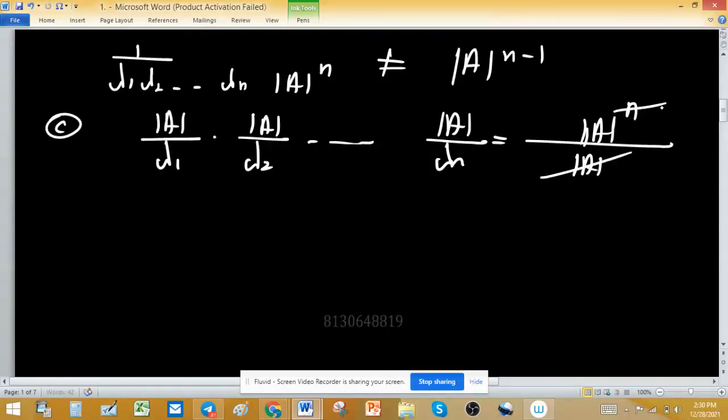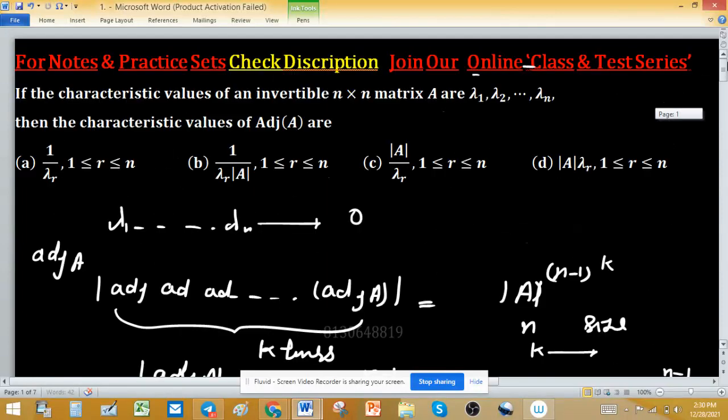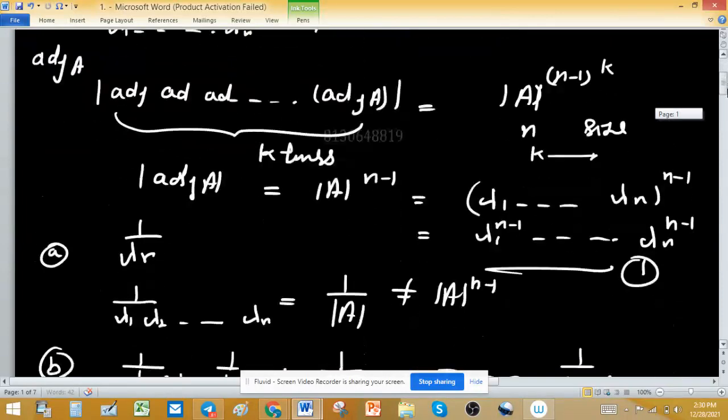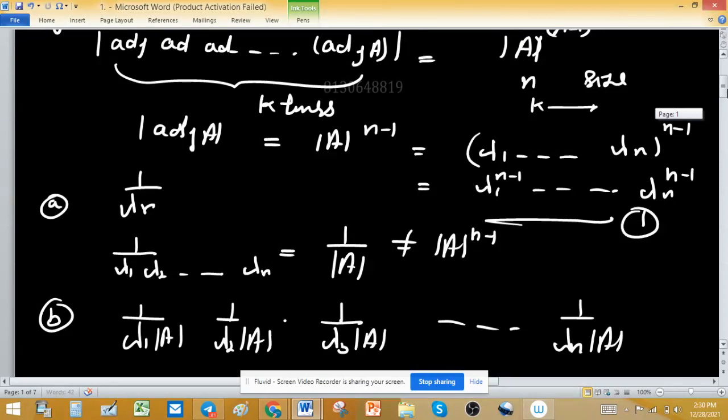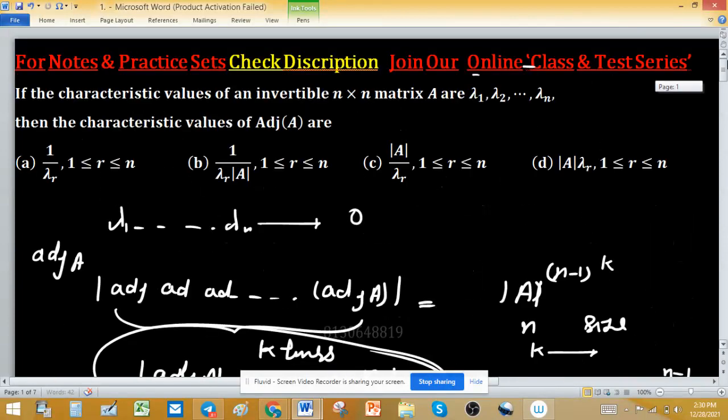So one factor cancels out, leaving determinant of A raised to the power n minus 1. This is equivalent to the equation we saw, determinant of adjoint A equals determinant of A raised to the power n minus 1. So option C will be correct.